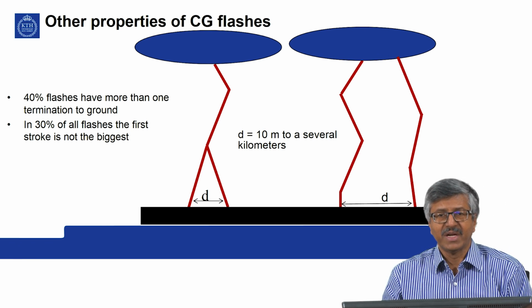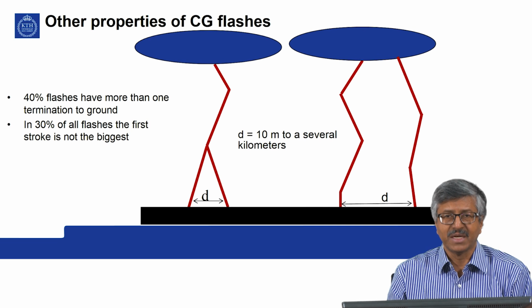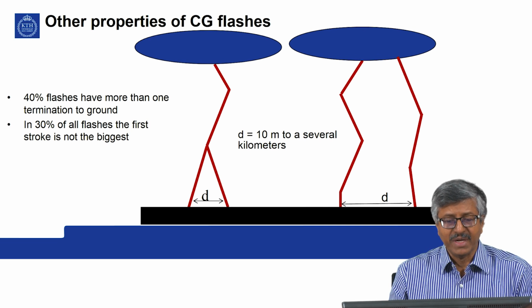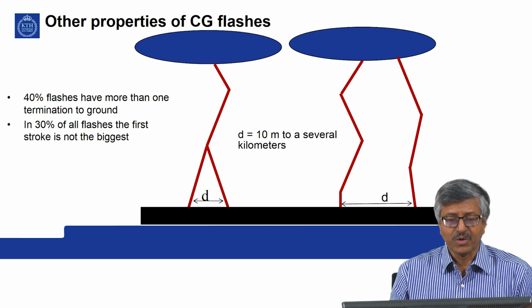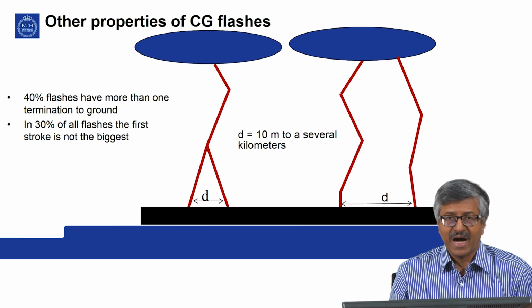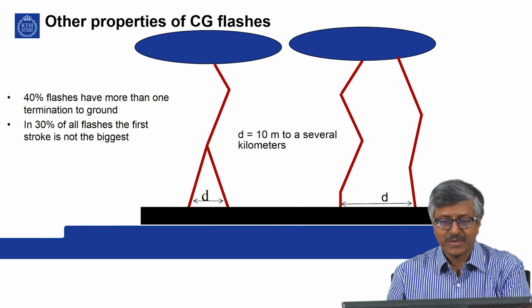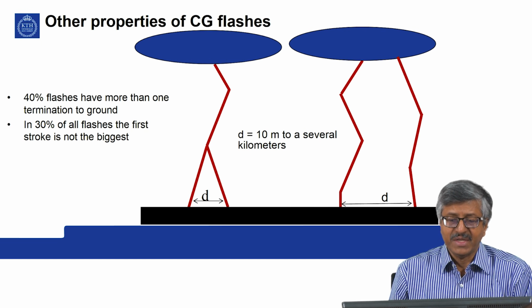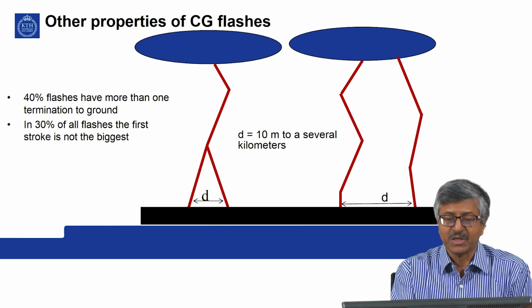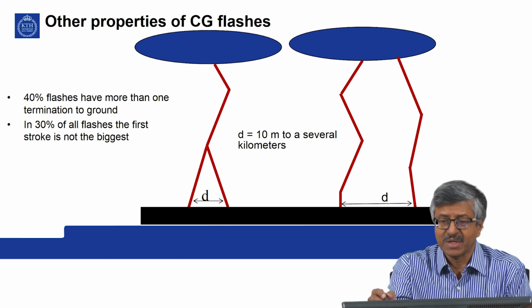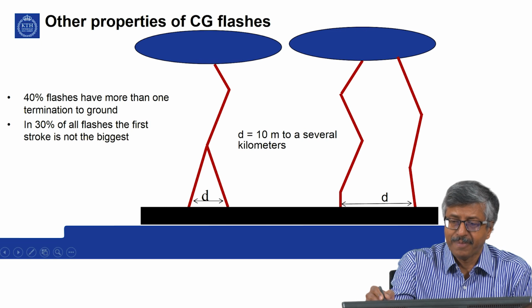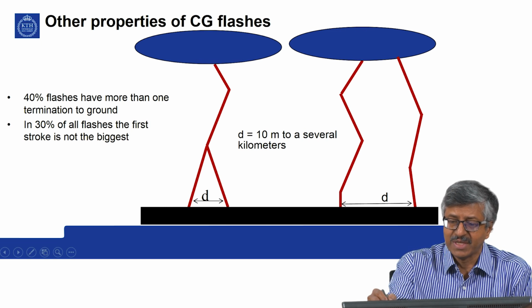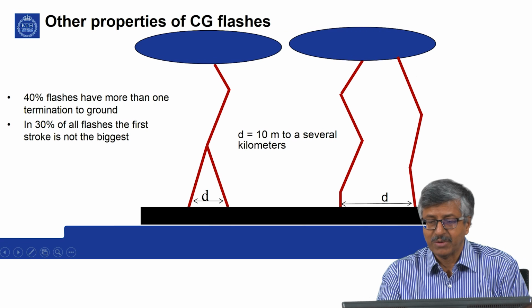It is as if lightning has struck one part of a building, then the second stroke may strike another part of the building within a few tenths of milliseconds. So, it is a very complex kind of environment, and the distance d is from 10 meter to several kilometer. Sometimes even from the base of the channel you will see two totally separate channels to the ground.